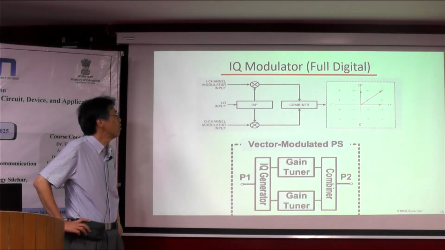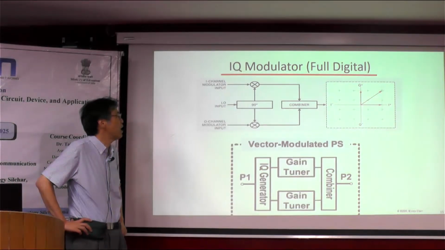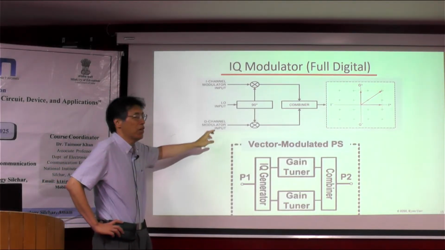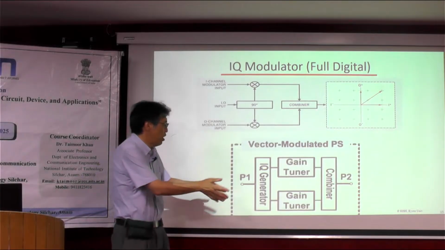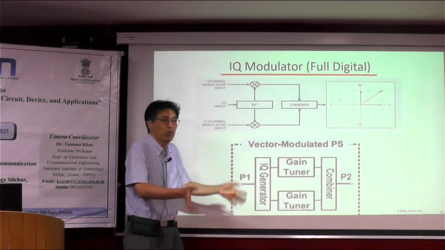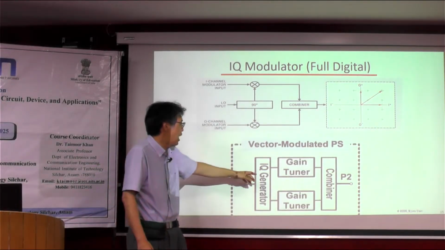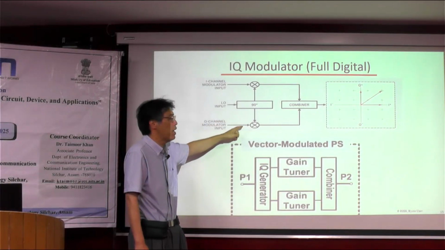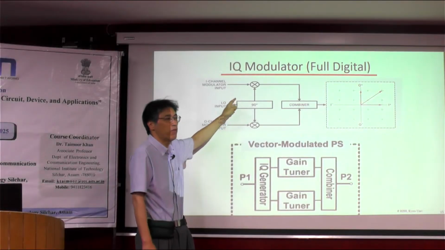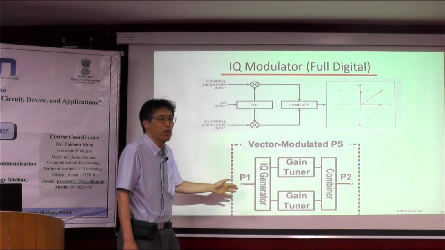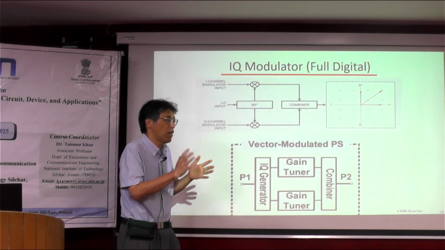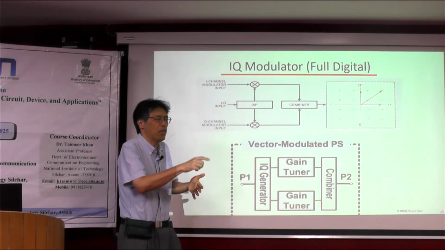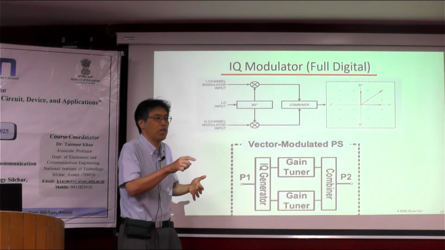But in this chip, this is a simple diagram of this digital phase shifter, named the IQ modulator. When we input the signal, we divide this signal into 2 lines, and we add the gain tuner, and we divide into sine theta and cosine theta from the radio waves. As you know, a radio wave can be explained with e to the minus j(kz minus omega t).